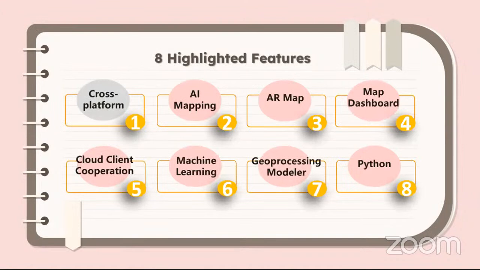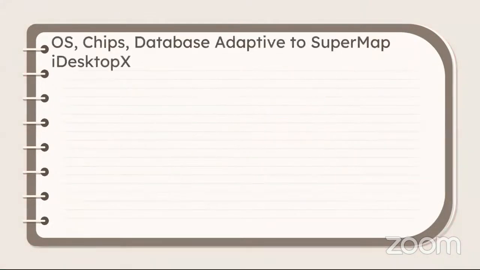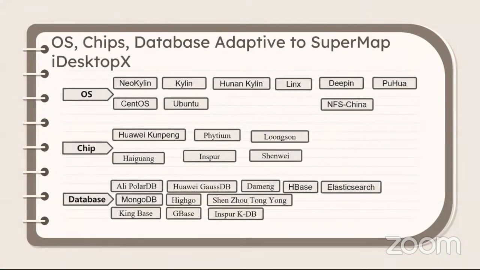First, we have cross-platform. So these are the different types of OS, chips, and databases supported by SuperMap, which supports cross-platform in GIS platform software, allowing users to freely choose the hardware and operating system.